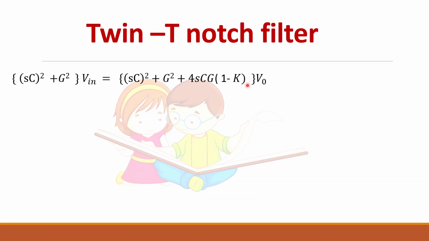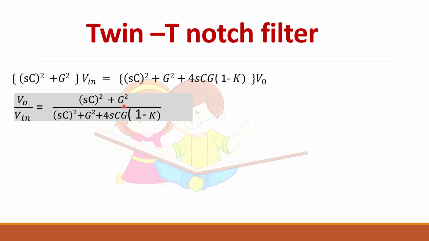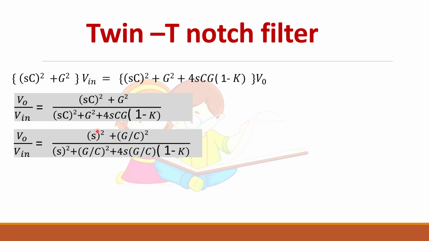Now let us find V naught by V in. So here we can take this C outside to bring it to a standard form. That is S square plus something, as for the standard quadratic equation. So let us bring it to that form. S square plus C square, you take it outside, so it becomes G by C square.